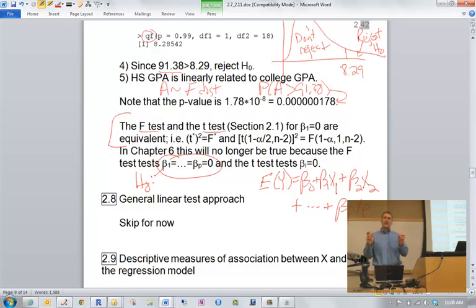A T test, though, cannot do that hypothesis test. Instead, what you will learn about in Chapter 6 or 7 is that a T test can only test one beta at a time. So why are we learning 2 ways right now to do the exact same thing? It's because later on, they will not necessarily be able to do exactly the same thing. That's why.